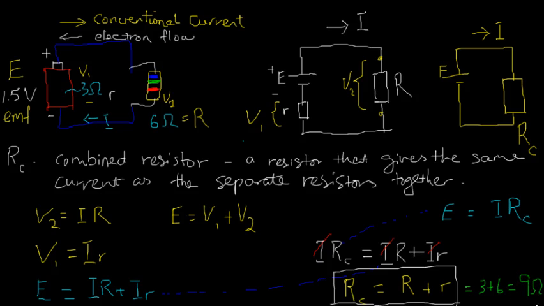So if I put this 9 ohms in here, with the 1.5 volt EMF there, so 1.5 volt and 9 ohms, the current that I can now calculate would have the same value as this current. You can try that out.